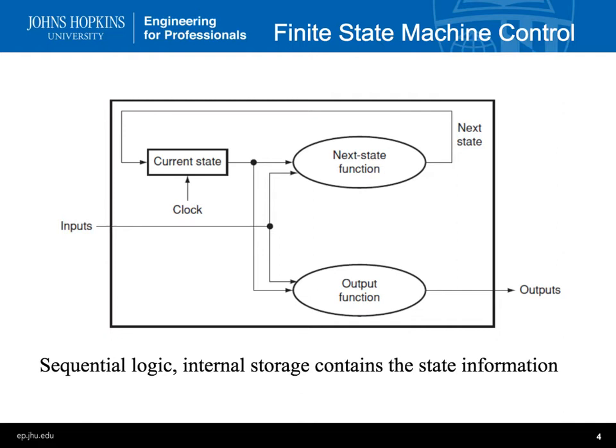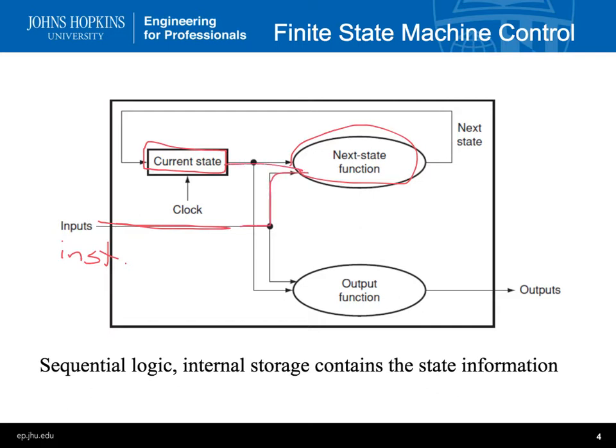So here's a picture. We're going to have inputs. That's our instruction. And a clock, which is going to control when a new cycle happens. Where we have to go next is going to be controlled by where we are now and the instruction.